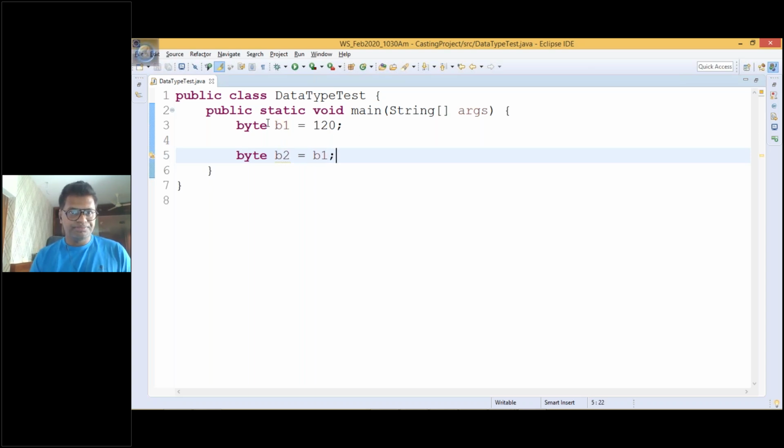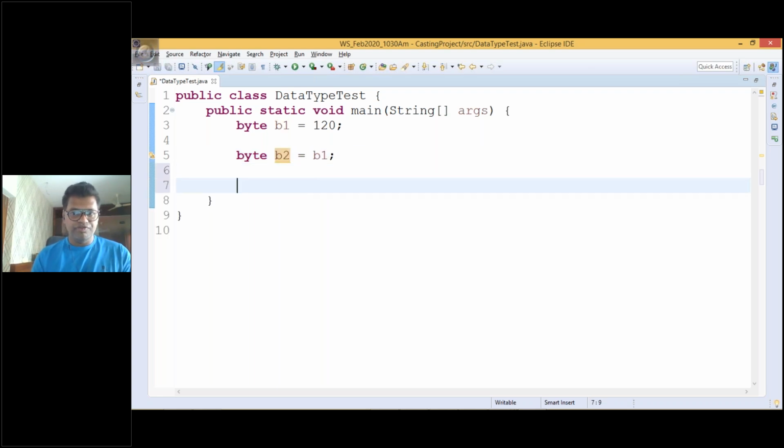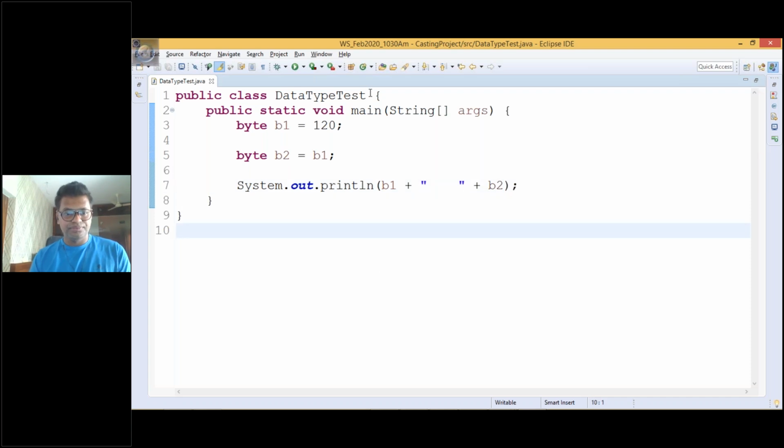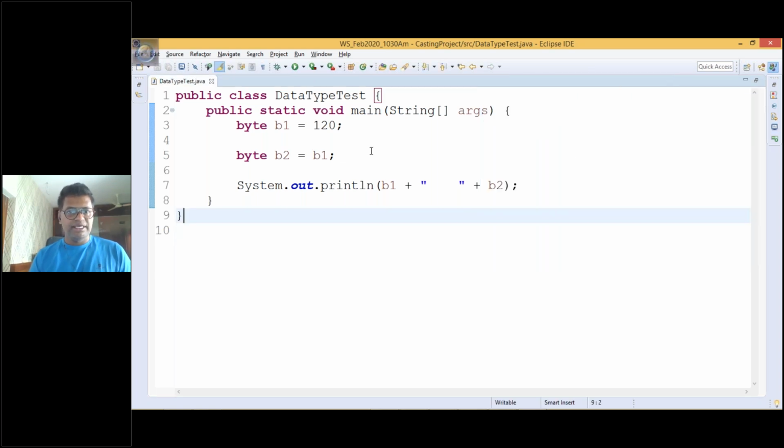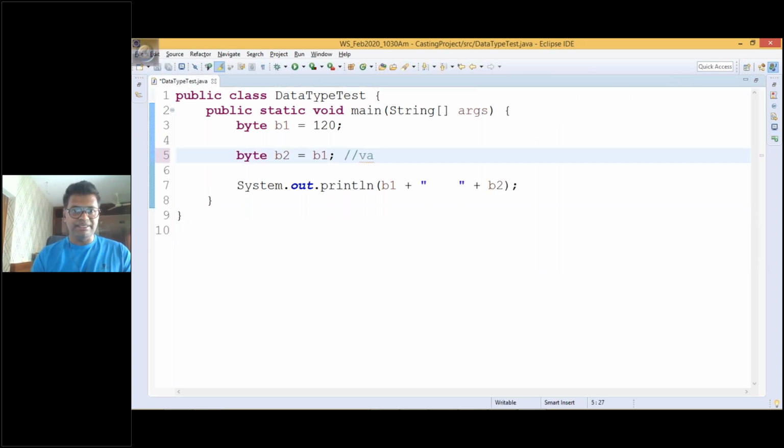I'm assigning b1 to b2. Now if you print b1, some space, plus b2, observe the output of this program. Both are 120.